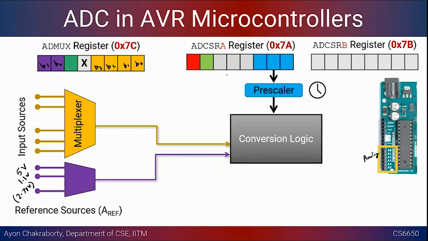Remember, the ADC cannot operate at the same speed as the CPU or the system. It is going to be downsampled, right? The value of the clock that will be fed to the ADC will be much lesser compared to your CPU. It is normally 128 times lesser or 64 times lesser, right?